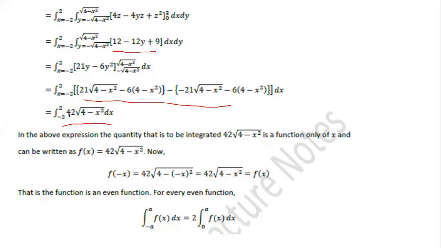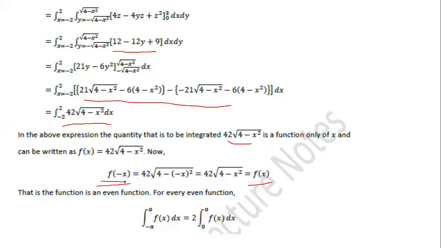So what we have to know is that you are integrating from a minus quantity to a plus quantity. You have to consider what kind of function we are integrating here. You see that this quantity is an even function. What is an even function? An even function is a function where f of minus x is equal to f of plus x.